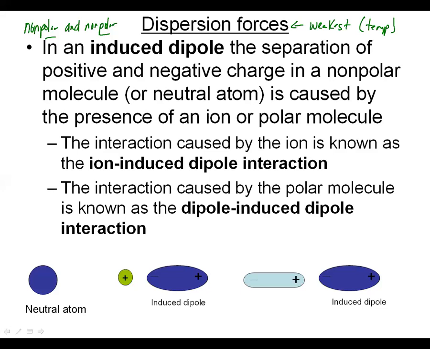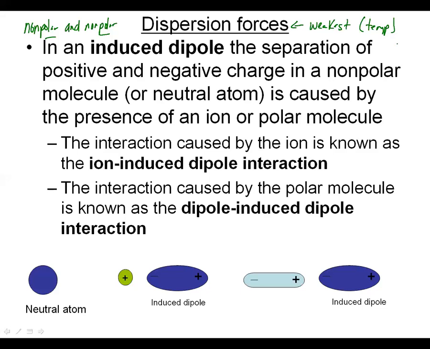This is what is sometimes referred to as an induced dipole. An induced dipole is the separation of the positive and negative charge in a nonpolar or neutral molecule caused by the presence of an ion or a polar molecule.